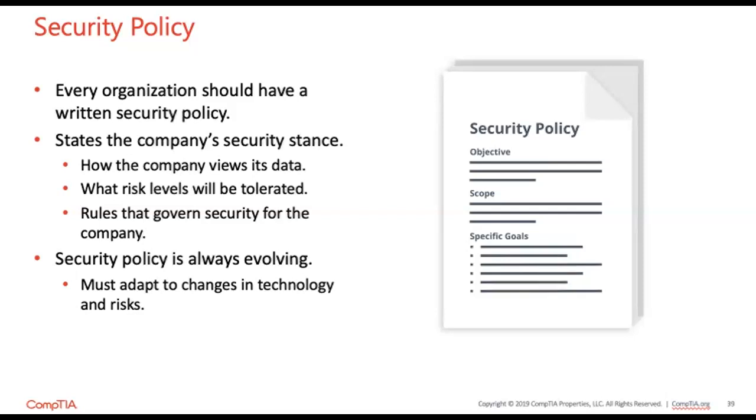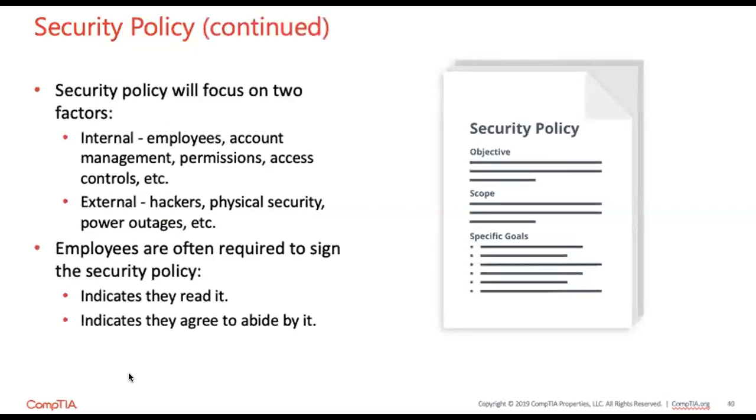Another thing to think about is employee engagement. Employees need to be able to read and abide by the security policy, and also to ensure the environment and the organization are fulfilling their word. With security policy, there are definitely three things to have on your list, and that's again internal and external.